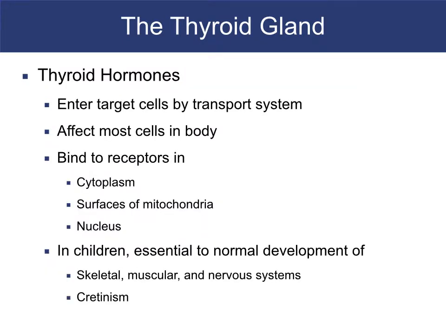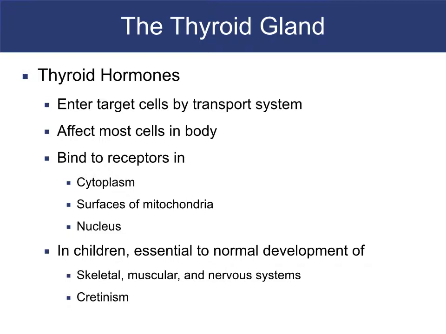What do the thyroid hormones do? Well, they circulate around in the bloodstream. They affect most all of the cells in the body. A tiny bit of thyroid hormone can control every cell in your body and tell it at what level it wants to be working. If it wants to be hyper, work too hard, you get too much thyroid hormone, too much T3, T4; hypo is too low.